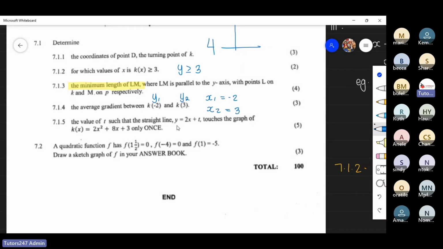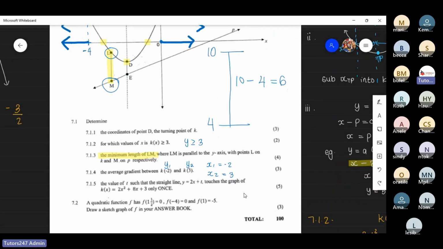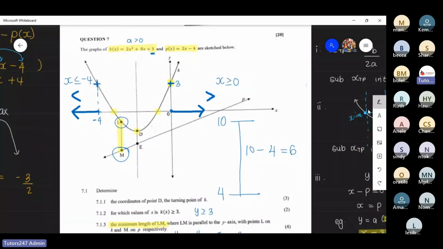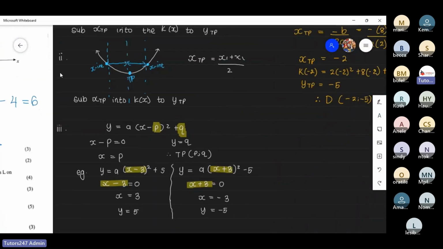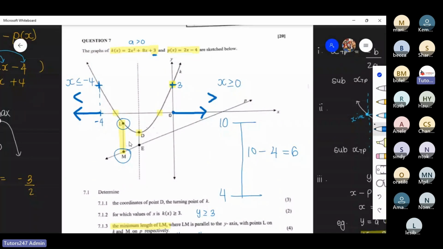So we need to now find the average gradient. If we go to our graph, let's try and find negative 2 and 3. What is our value of D? Let's just have a look quickly. I think we calculated the turning point previously. It was negative 2 and negative 5. So we know that the point D is negative 2, right?